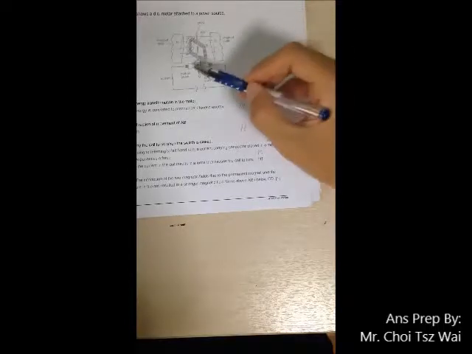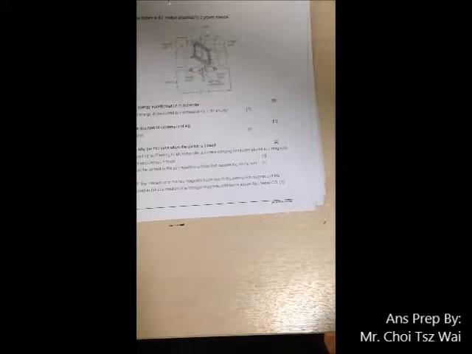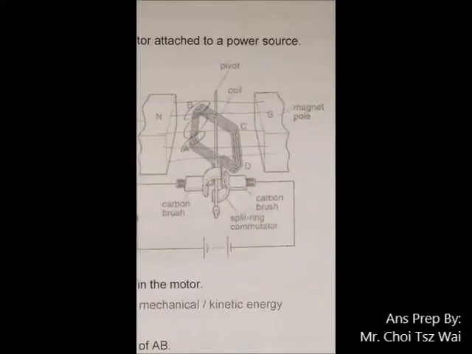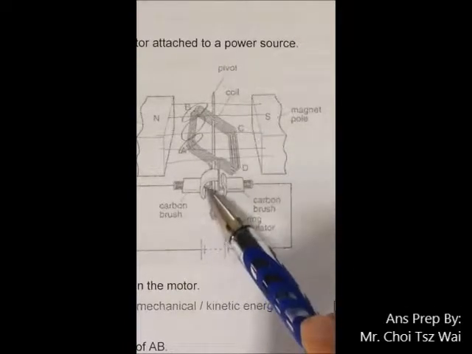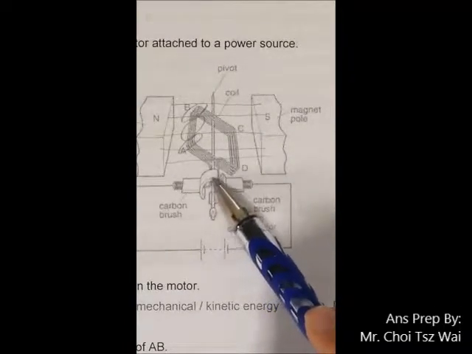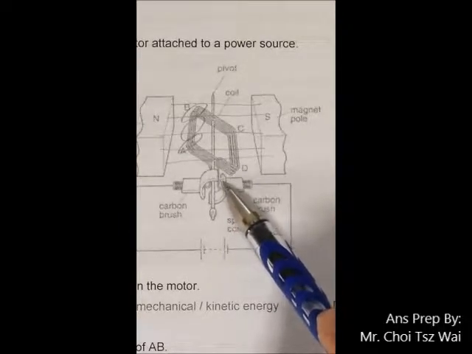So what happens is, when this coil starts turning, you can see the contact here. When this coil ABCD starts turning, this wire here is going to turn as well, and as it turns, it will go over this gap and then reach the other side.